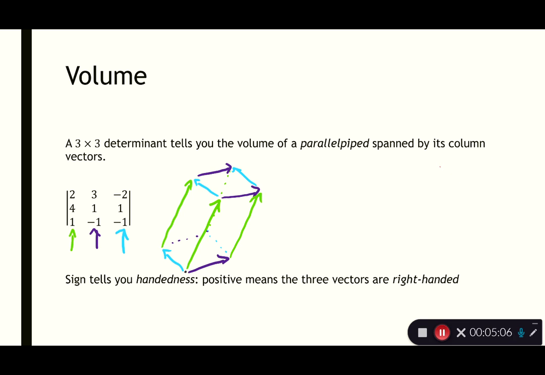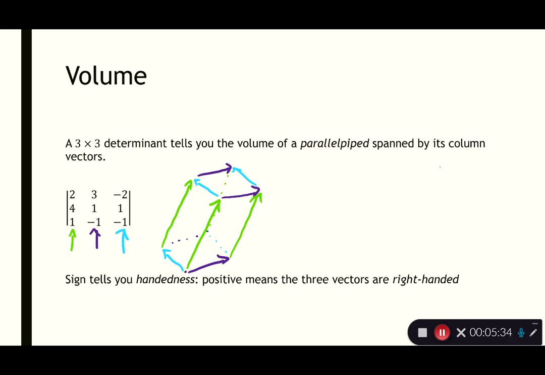But it might be positive or negative, just like the 2 by 2. And just like with the 2 by 2, that tells us about orientation. In this case, because the first column is the green vector, the second column is the purple vector, and the third one is the blue vector, the sign is going to be positive or negative depending on whether those three vectors are a right-handed system, green, purple, blue, or whether they're a left-handed system.